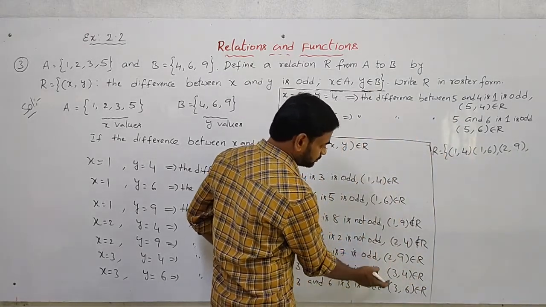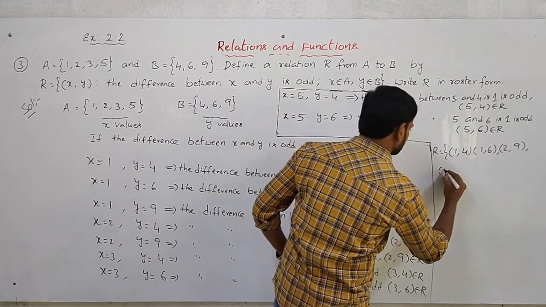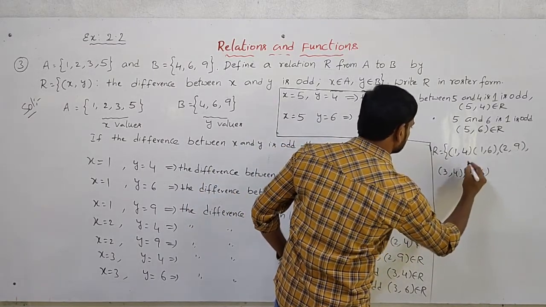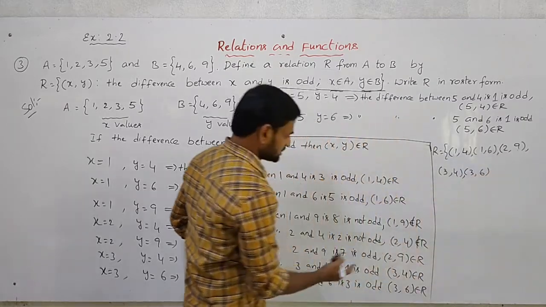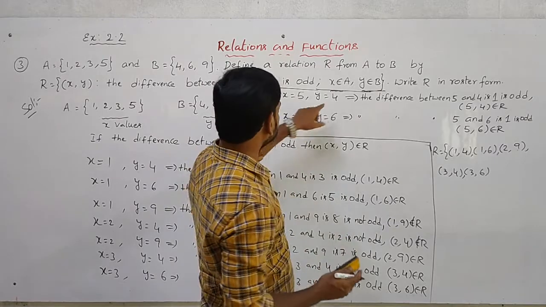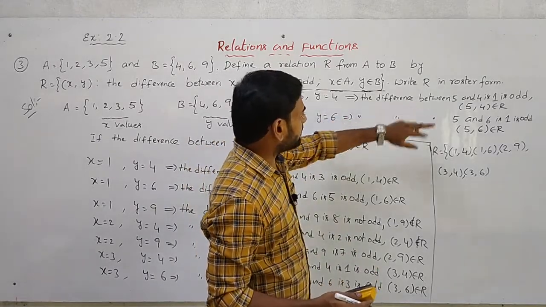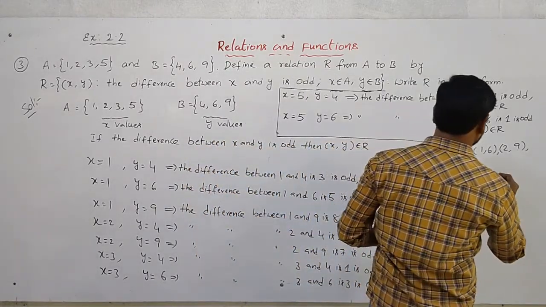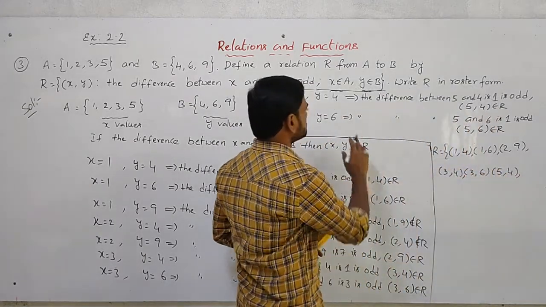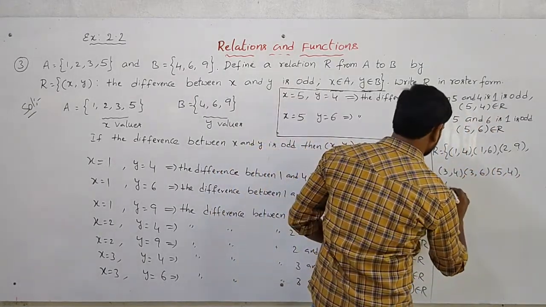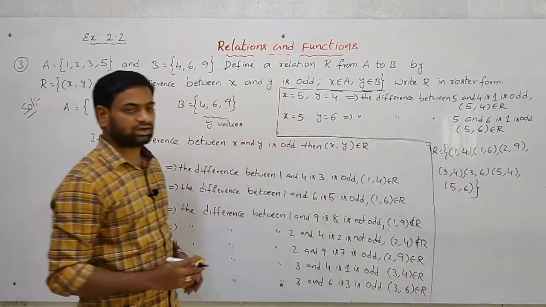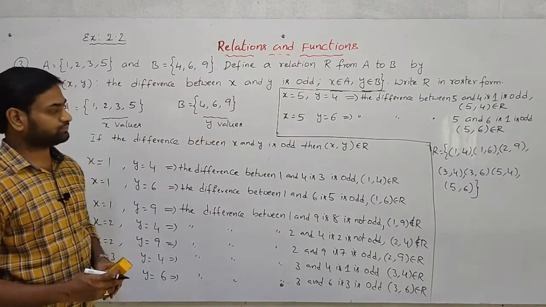Next (3, 4), (3, 6). Next, this one (5, 4). Next one is (5, 6). So it is the roster form.